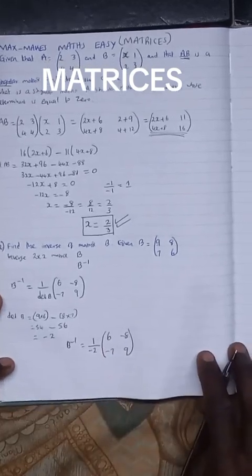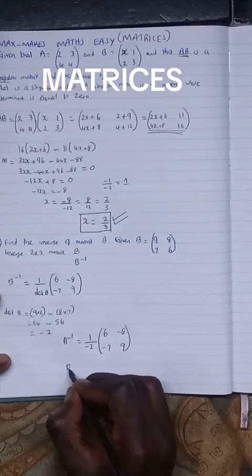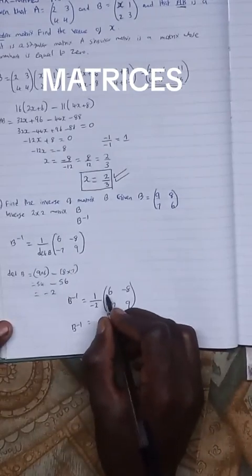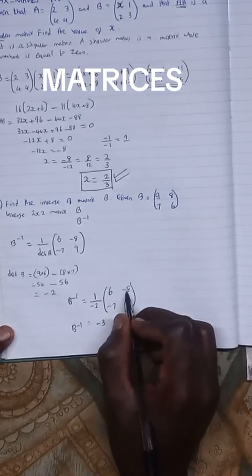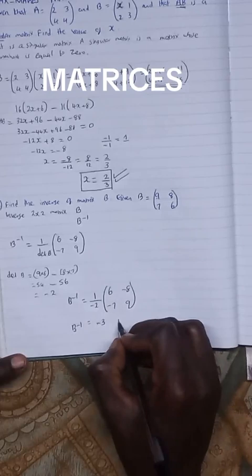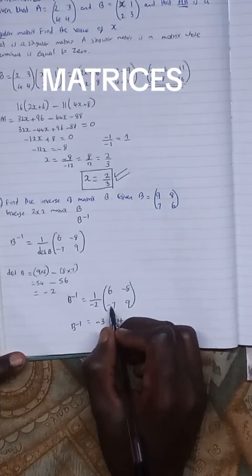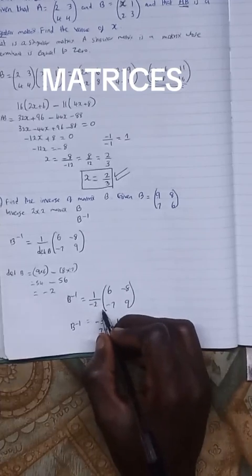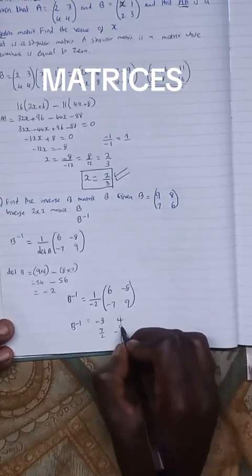That is the inverse of matrix B. But if you want to simplify things, B inverse is equal to 1 over -2 multiplied by 6, that is -3. 1 over -2 multiplied by -8, that is 4. 1 over -2 multiplied by -7, that is +7 over 2. 1 over -2 multiplied by +9, that is -9 over 2.